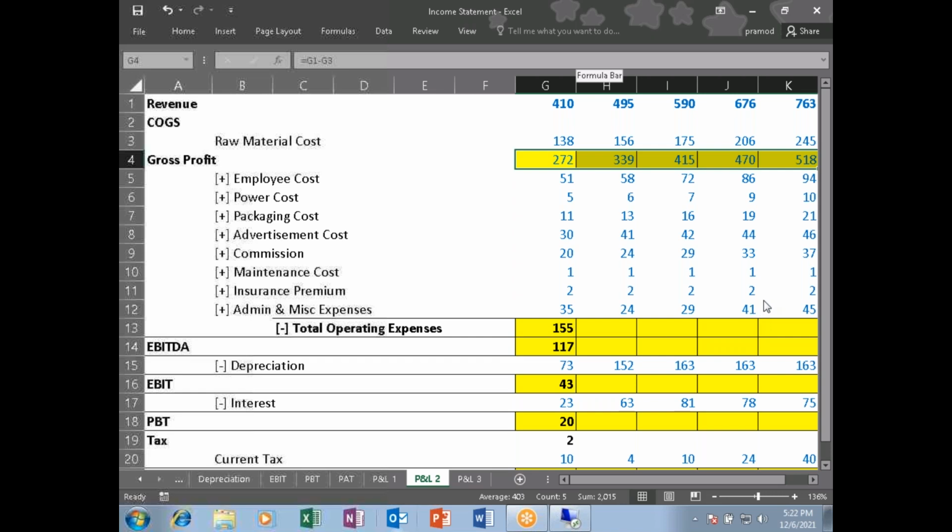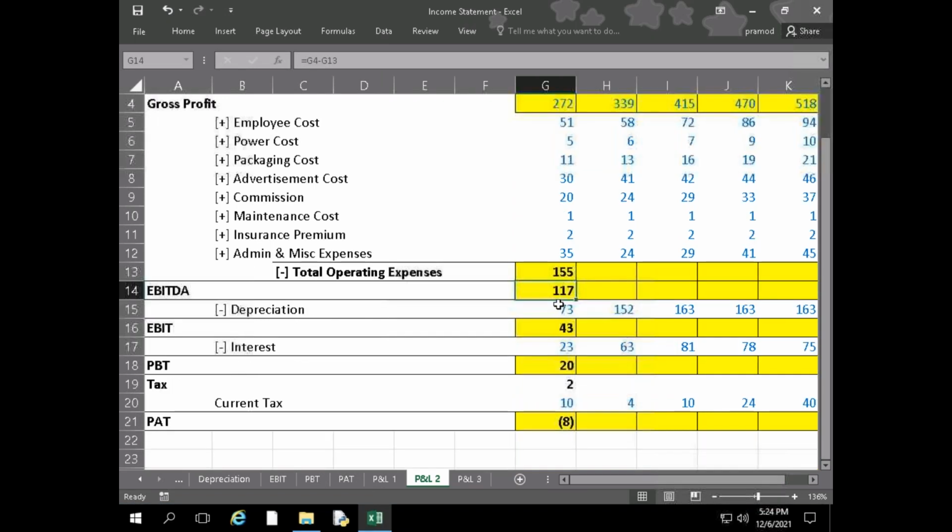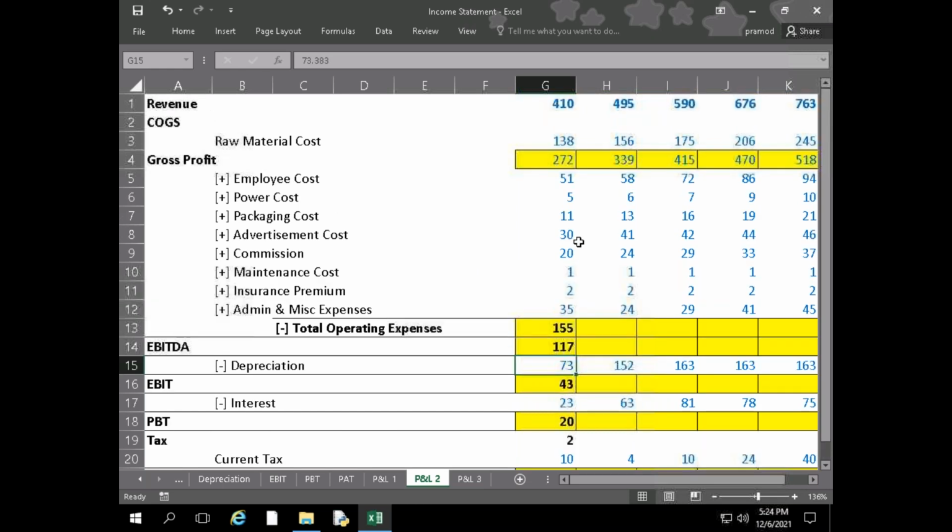In the second column it is 3495 minus 1. No, your voice is breaking. I couldn't hear you properly.